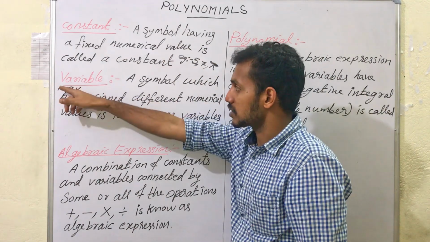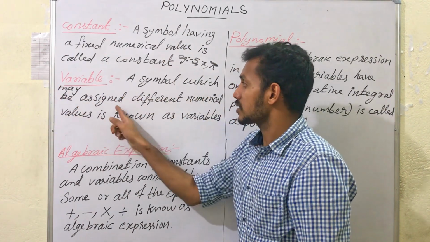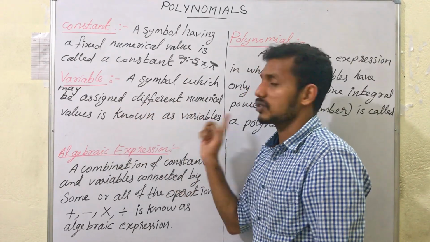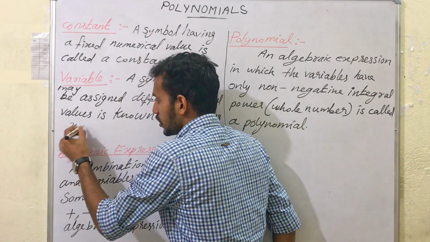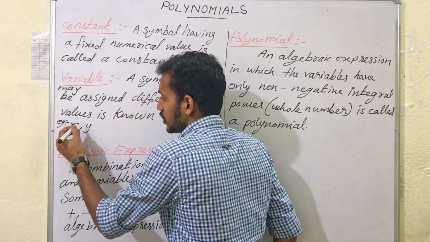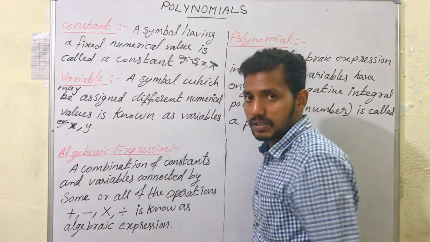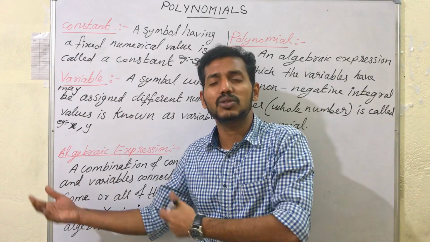Then what are variables? A variable is a symbol which may be assigned different numerical values. For example, x, y, which you have learned in algebraic expressions. We can put x equal to 3, x equal to 5, x equal to 10.